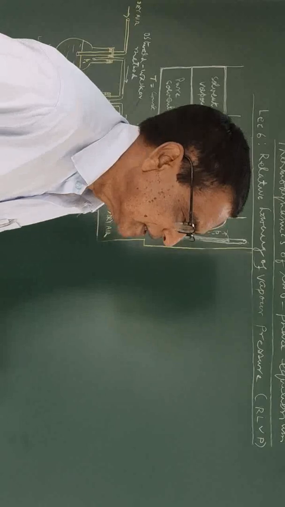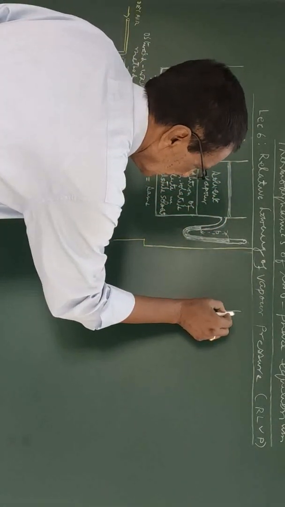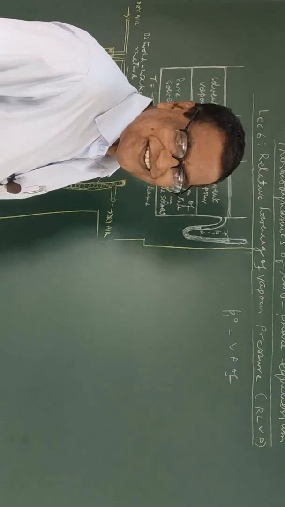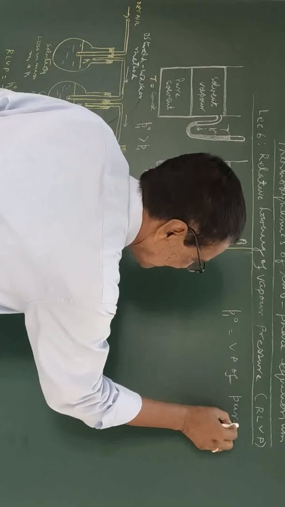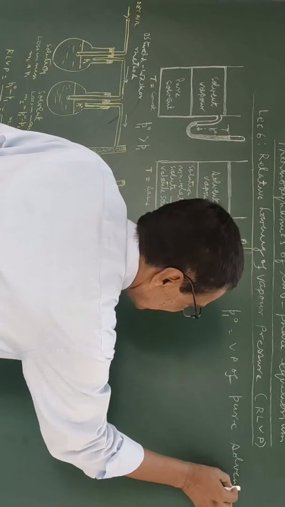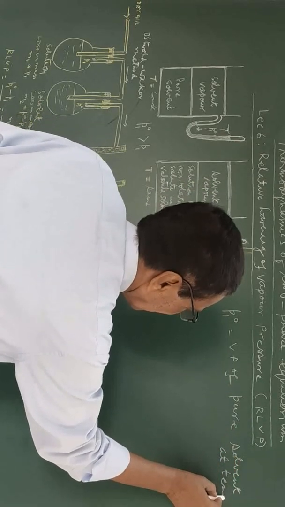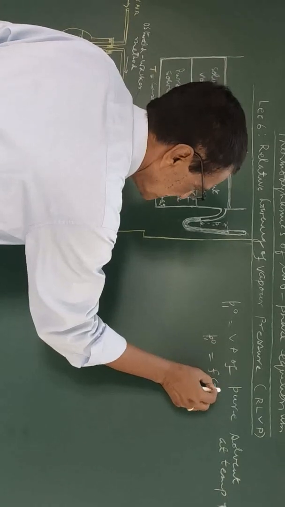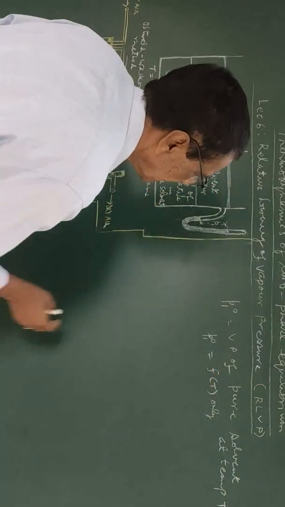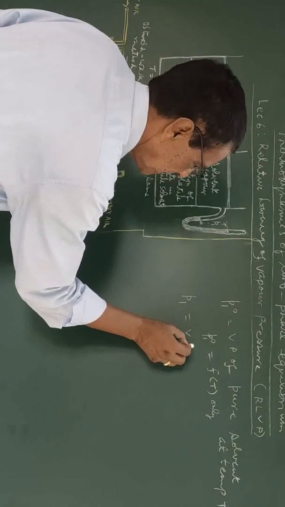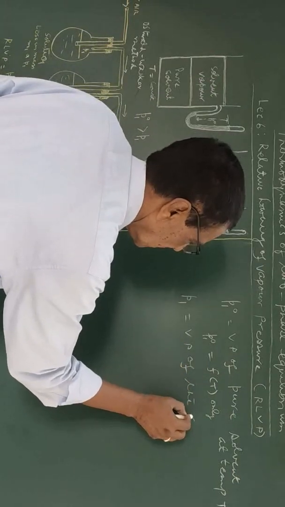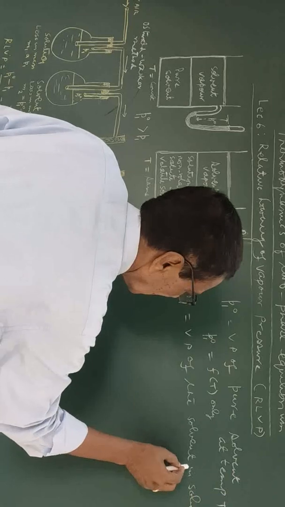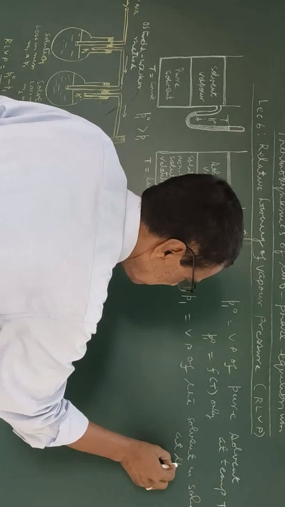We now start. P1 naught is the vapor pressure of a pure solvent at a temperature T. We know this P1 naught is a function of temperature only, and say P1 is the vapor pressure of the solvent in solution at the same temperature.